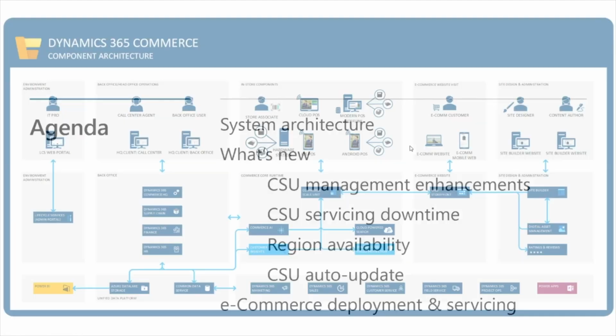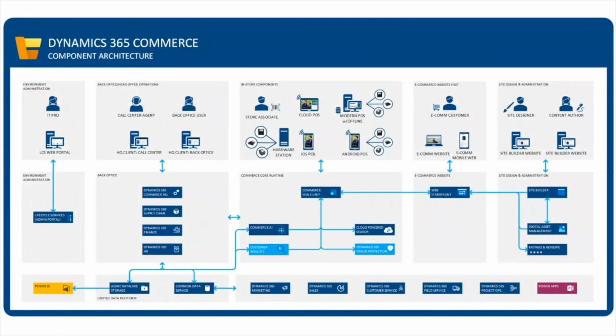So with that, let's first take a look at our component architecture. On this diagram, let's start from the left-hand side of the picture. On the left-hand side, we have our IT pro personas. And this could be a persona working in a customer organization as an IT administrator, or this could be a persona working for an implementation partner helping specific implementation projects for customer go-lives.